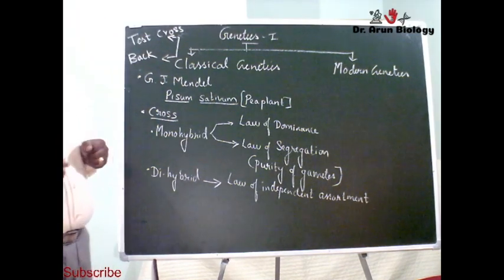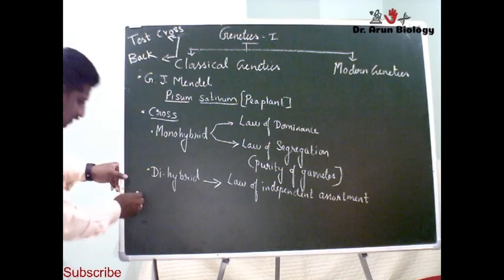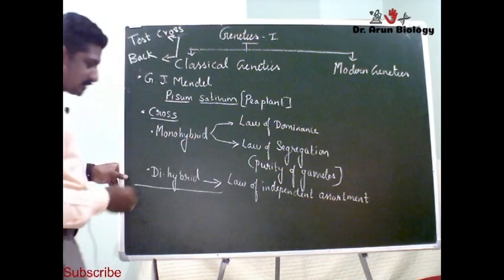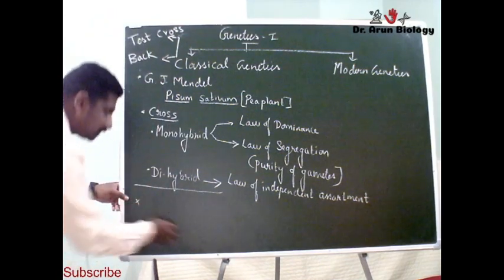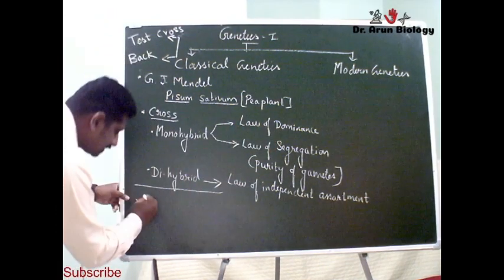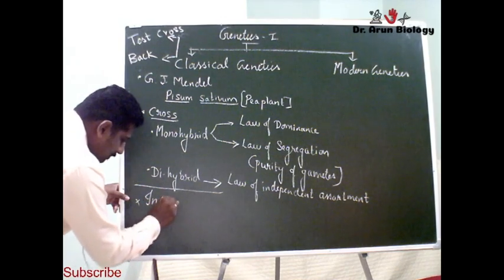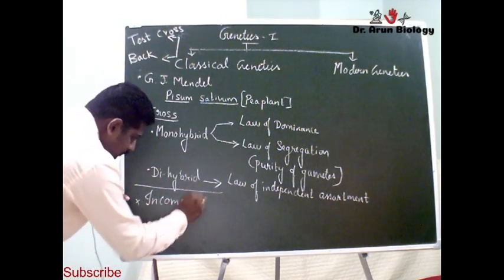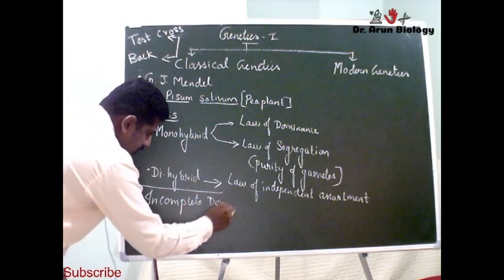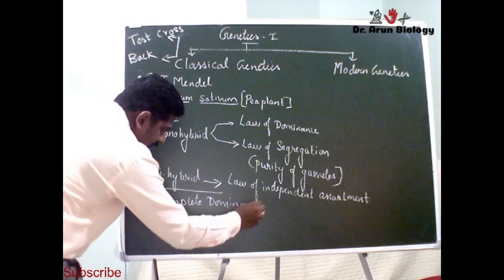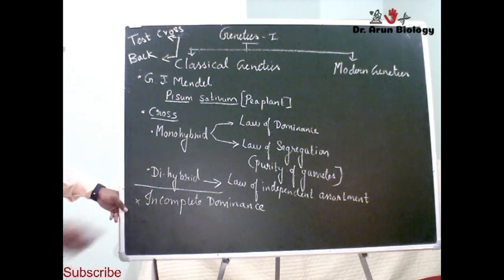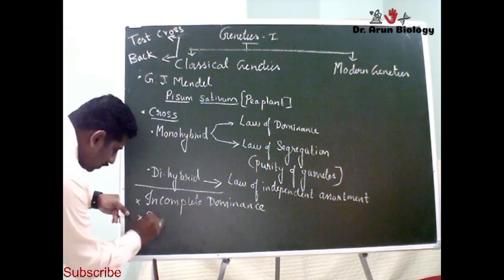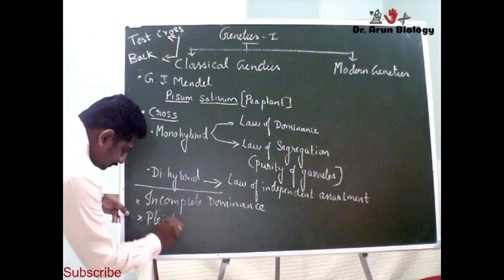And apart from it, there are some interesting cases also. What are the interesting cases? The first interesting case is incomplete dominance. Law of dominance, here something called incomplete dominance. About that we are going to discuss. And the next important thing we take into consideration is called pleiotropism.